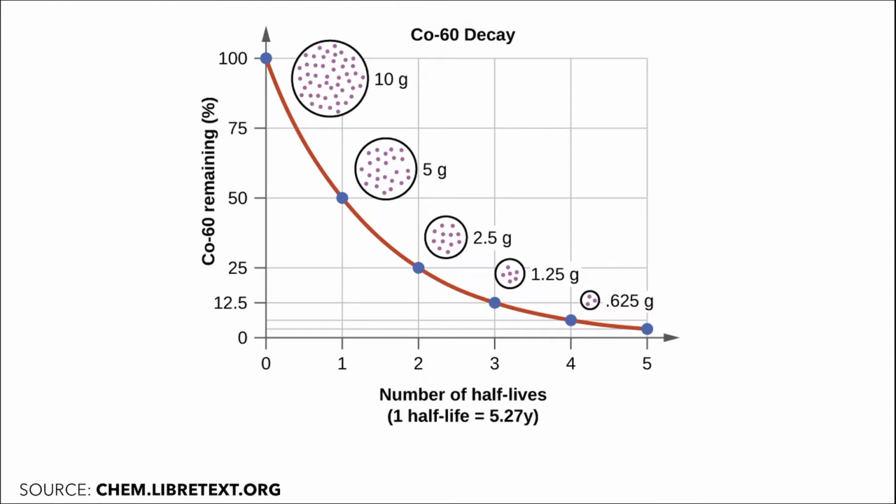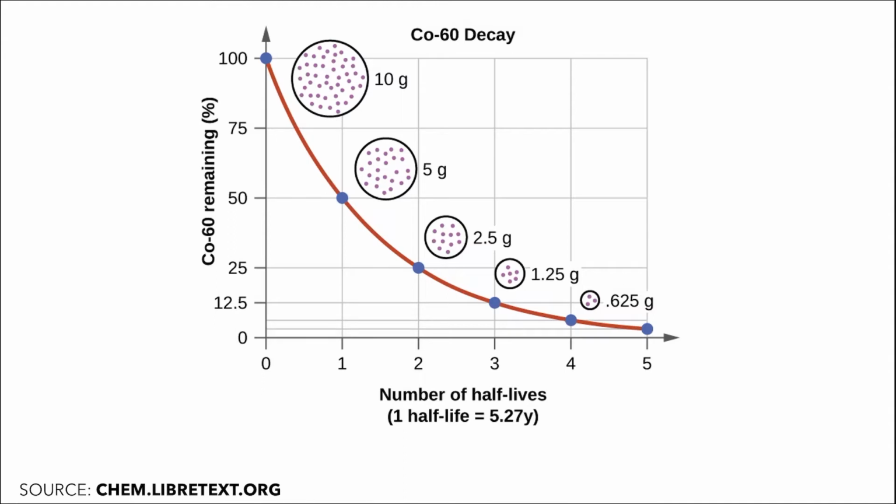For example, meron ka 10 grams ng cobalt-60. Yung isang half-life ng cobalt-60 ay 5.27 years. So, kapag yung isang cobalt-60 ay nakaabot ng 5.27 years, ang tendency is mangangalahati yung kanyang amount.